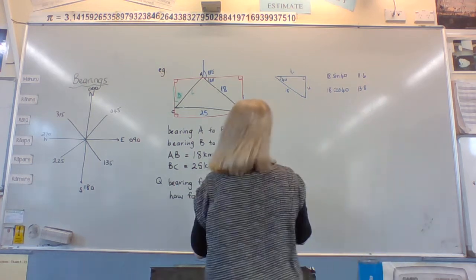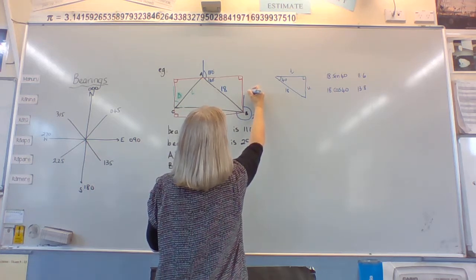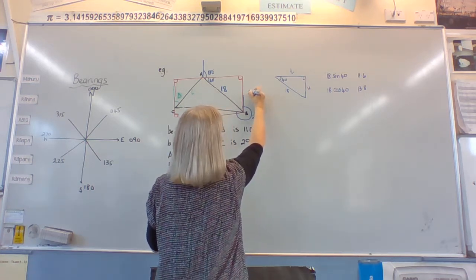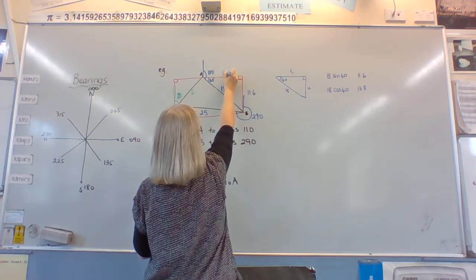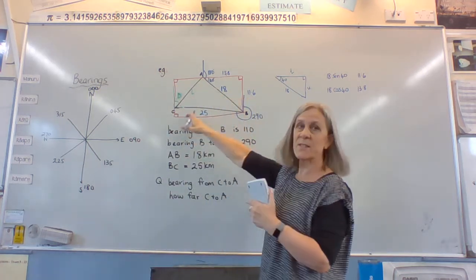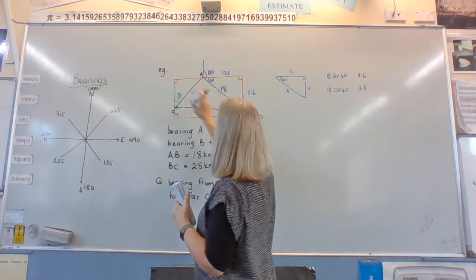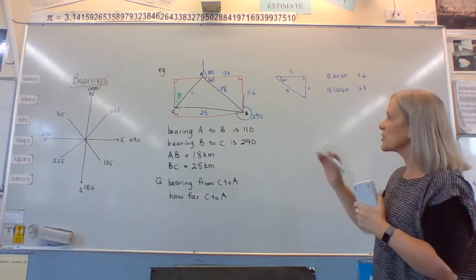So far I've got that this whole side here is 11.6 and this bit here is 13.8. I know that this side is 11.6 because it's a rectangle, but I don't know how long this side is. So now I need to go to the next triangle.